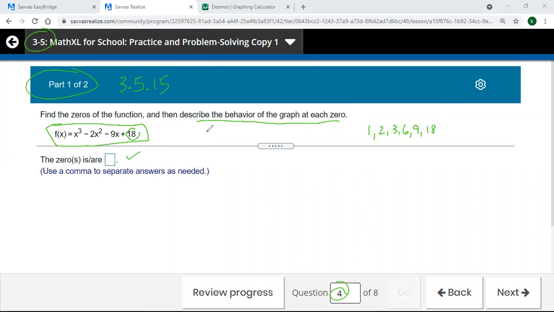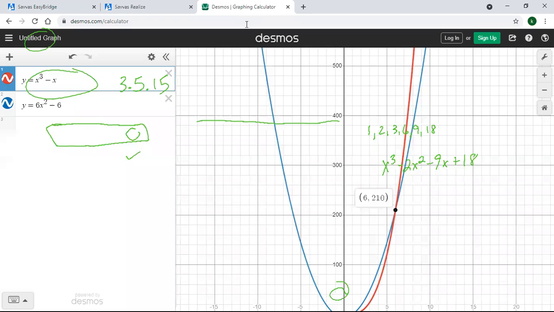I would strongly suggest in today's world, with the technology that we have, that most people are going to use technology, take their equation, hop on over to something like Desmos and look to see on the graph where your zeros are.